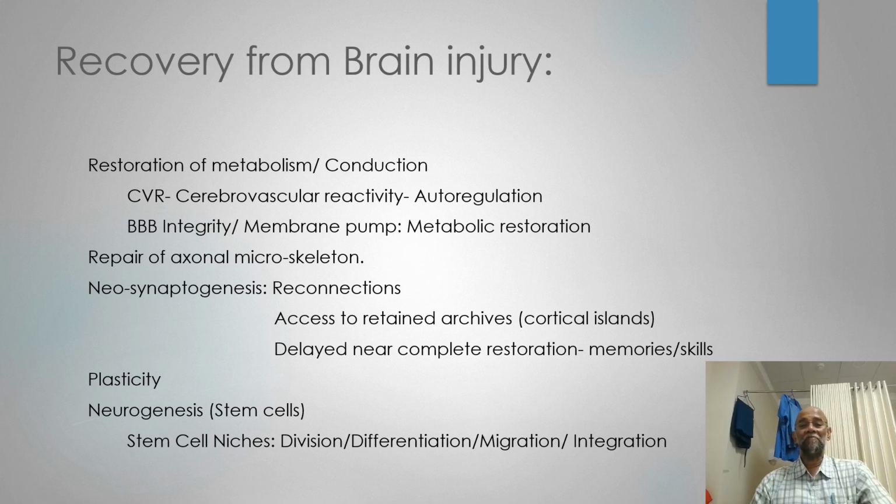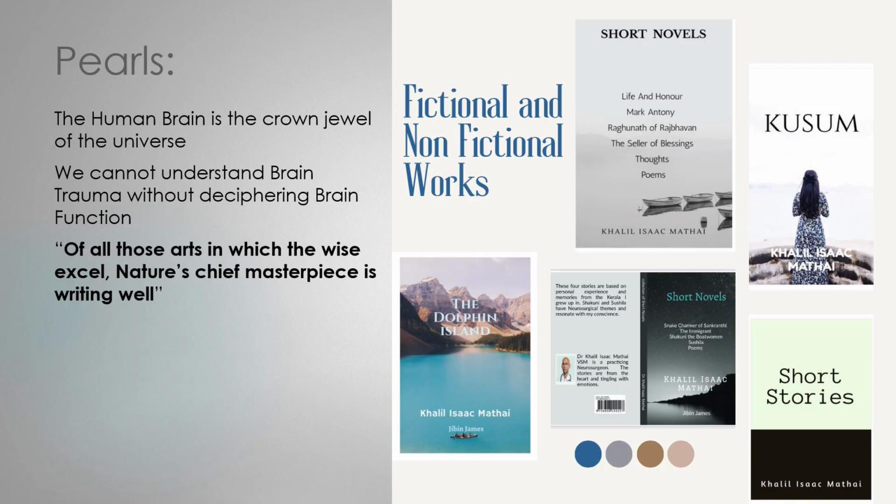These are actually embryonal cells which can divide, differentiate, migrate, and integrate. However, restoration of function by stem cells is suboptimal, to say the least. Most of the restoration is by plasticity, not by neurogenesis. The human brain is the crown jewel of the universe. We cannot understand brain trauma without understanding brain function.